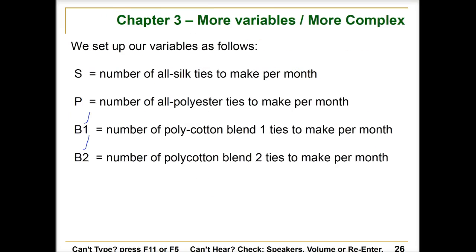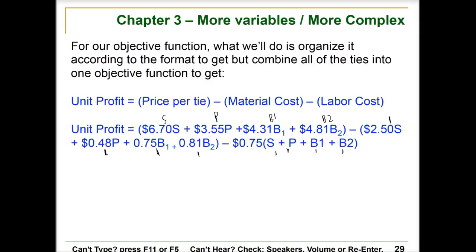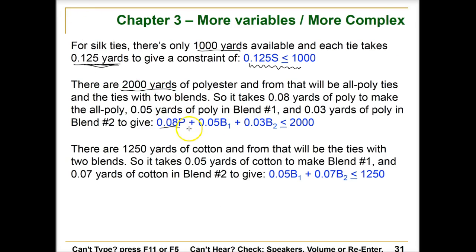So the point in all that, when we see this, we know that here we have the 0.08 for the polyester. Of course, that's how much it takes per yard to make that.